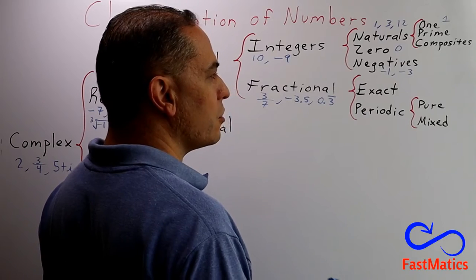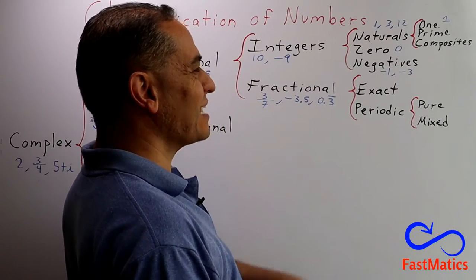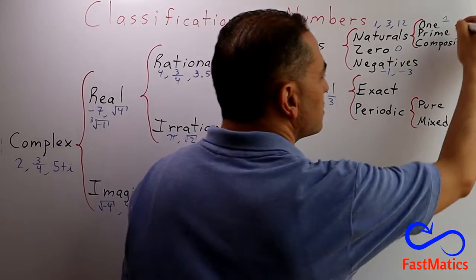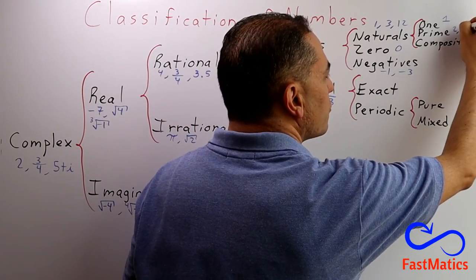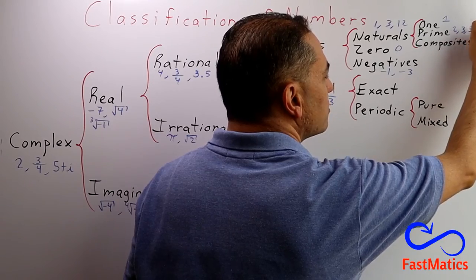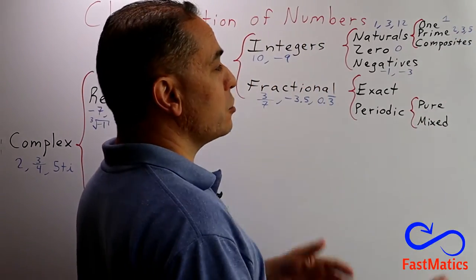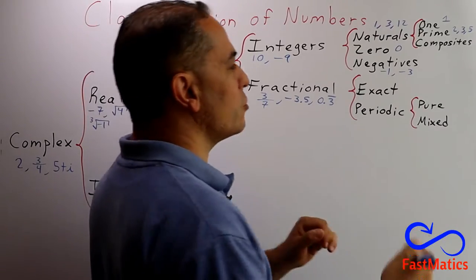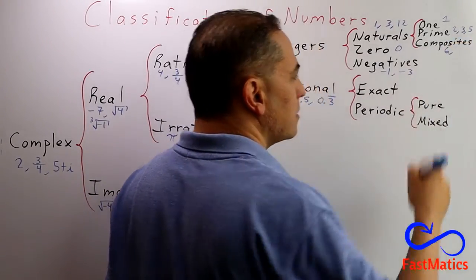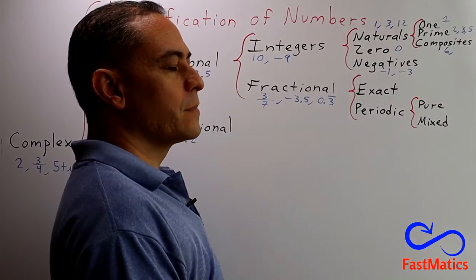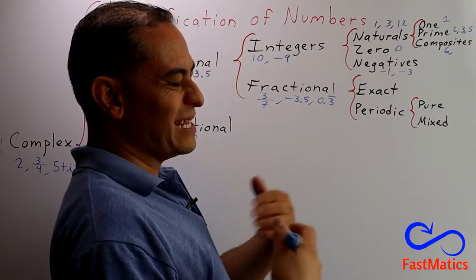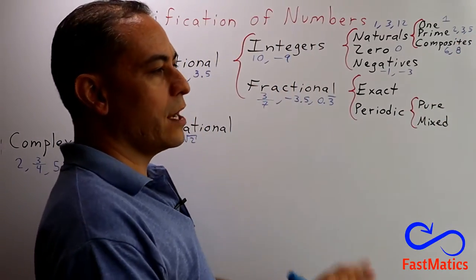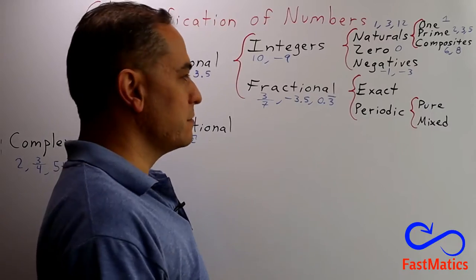Prime numbers are those numbers that you can divide exactly by themselves and by 1. For instance, 2, 3, 5, etc. And composites are those numbers that you can divide by themselves, by 1, and by other numbers. For instance, 6, you can divide 6 by 1, by 2, by 3, and by 6. For instance, 8, you can divide it by 1, by 2, by 4, by 8.